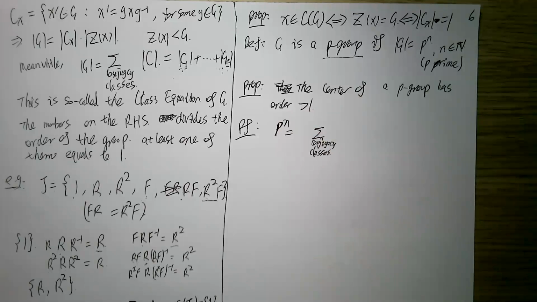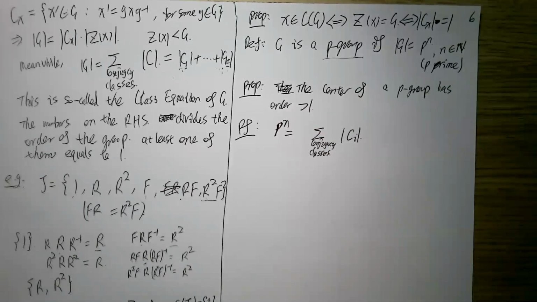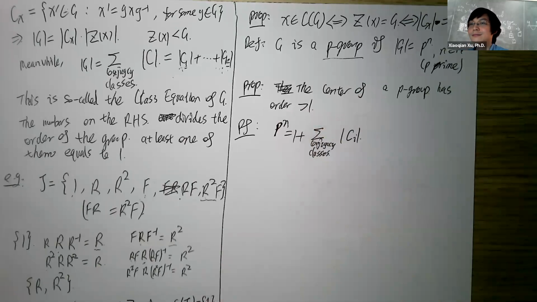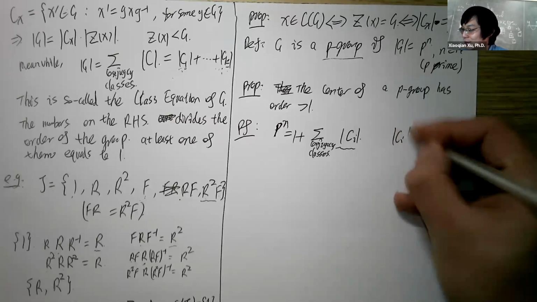Assume the center has order one. Then the sum of every other conjugacy class is p to the power n minus one, but we also know that every element of the latter part is divisible by p.